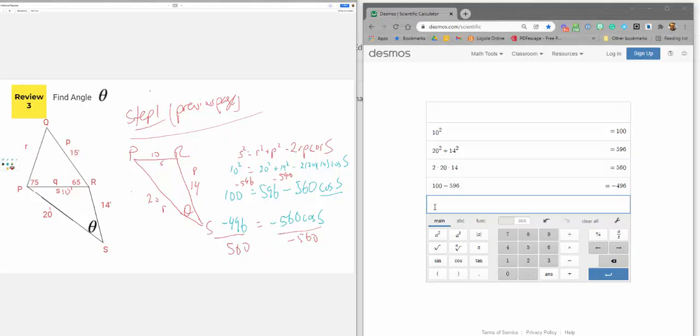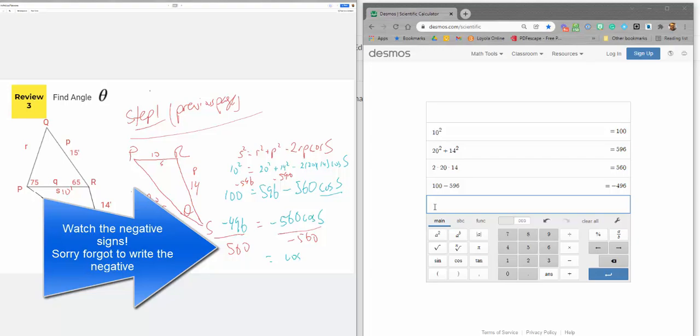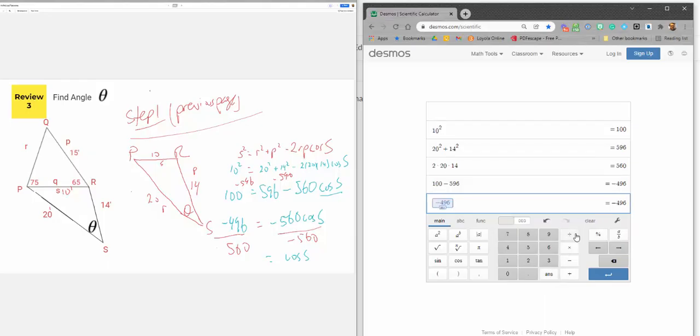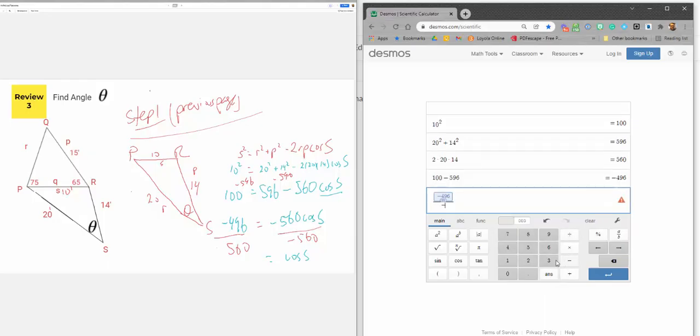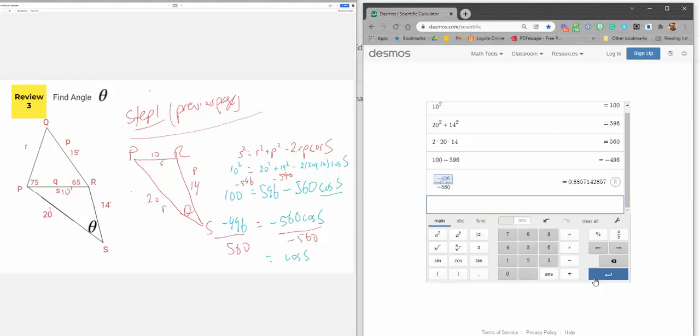And I'm left with negative 496 divided by 560 gives me this weird looking number, 0.8857.